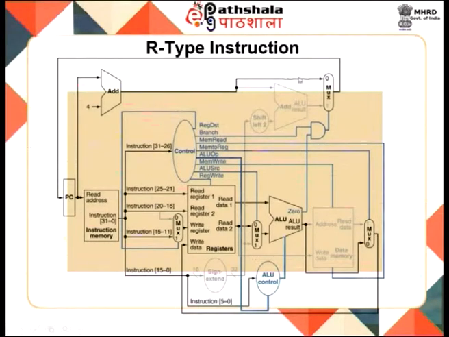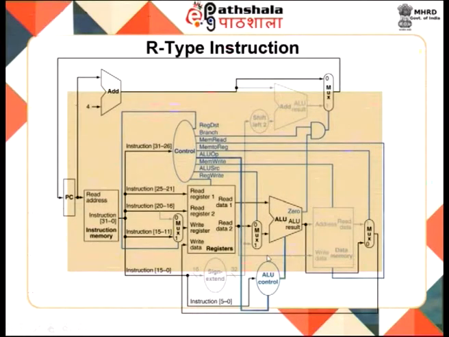So, if you look at an R type of instruction, this slide shows you the flow of instructions and the various control signals that are generated for an R type instruction. As usual, an instruction fetch happens, instruction decode happens and register reads happen, and once register reads happen, the next one is the ALU operation. This input is given to your ALU control signal and that control signal decides what ALU operation is to be performed.